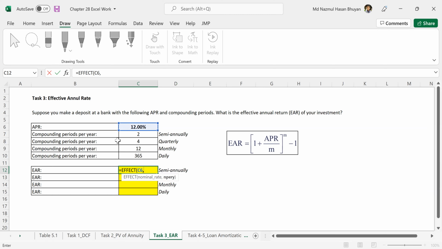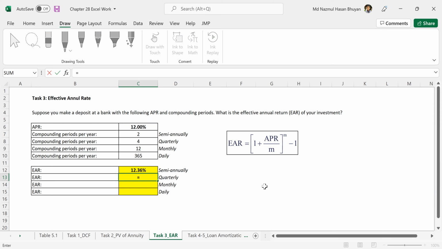And then number of time periods per year. Whenever your interest rate compounds semi-annually, then total number of time periods you have per year is 2. So if your interest rate compounds semi-annually, then your effective annual rate is 12.36%.